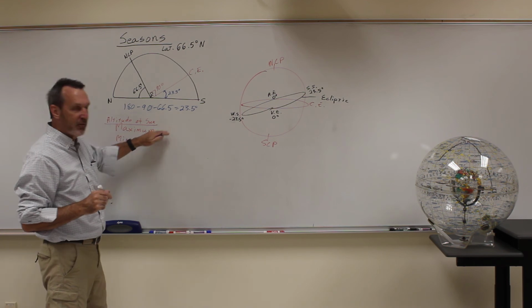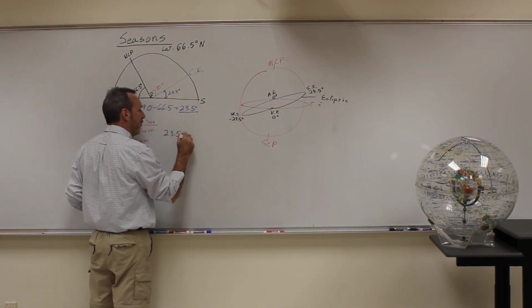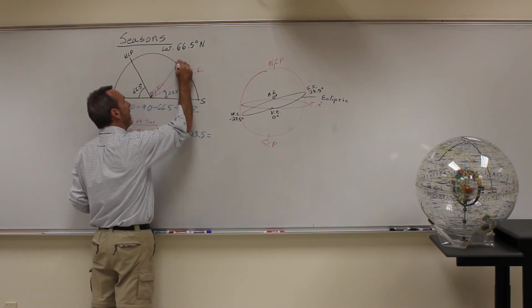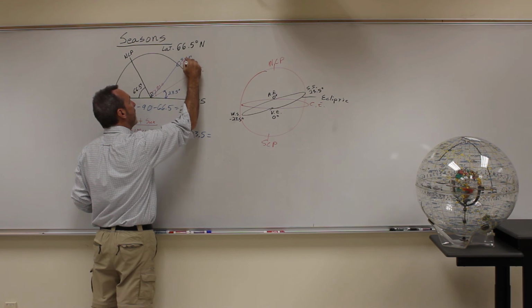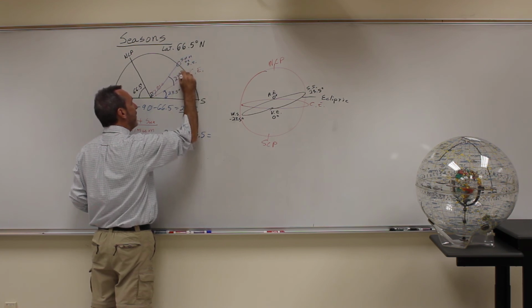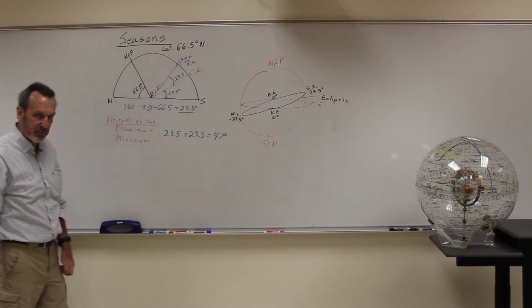Now remember, to get the maximum altitude of the sun, we take the altitude of the celestial equator and just add 23 and a half, because the sun is going to be up here. Here's the sun on the summer solstice. I add 23 and a half plus 23 and a half, which is 47 degrees.